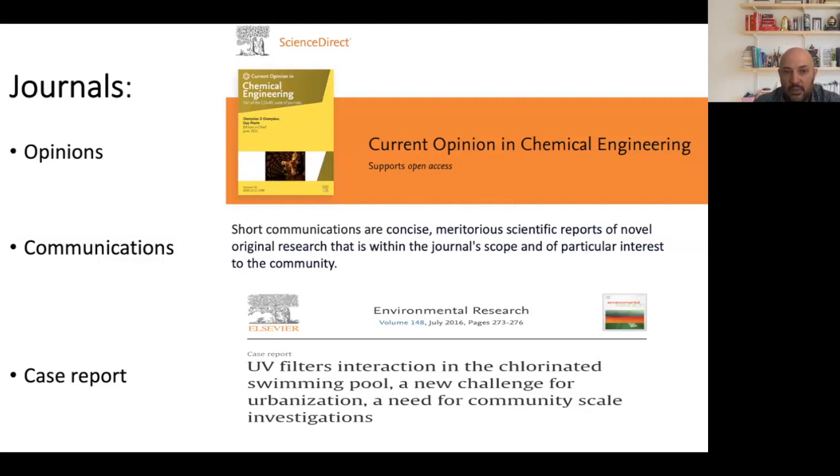Opinions, as you may guess from the name, are just opinions, but to publish an opinion, they have to bring a lot of different evidence to convince an editor-in-chief that this opinion is happening, or is a concerning issue that has not been researched, that can be a new topic to be researched. So opinions are also one type of article.